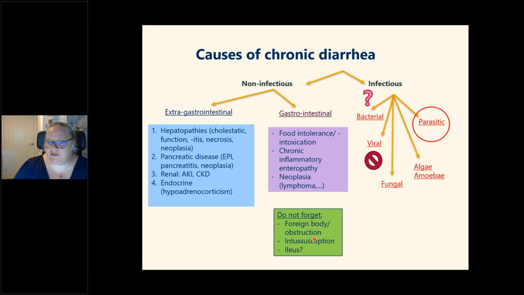For example, chronic foreign bodies, intussusceptions, especially in young animals, or sometimes in combination with infectious diseases, or functional ileus that can have a plethora of different causes. So that is the list of things I like to tick off every time I get presented with one of those chronic GI cases, to make sure that we haven't missed anything. And we're going to talk about when we would be doing what and in which order in just a moment.